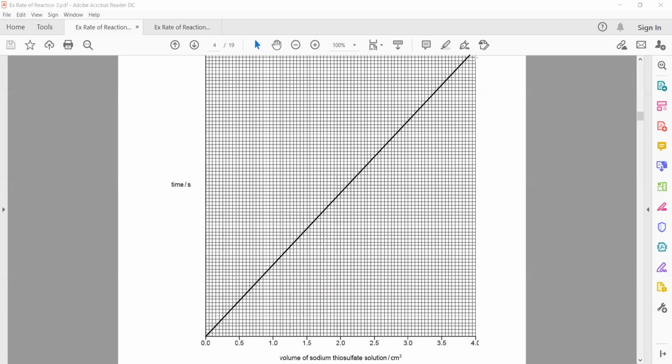What happens if we increase the temperature? The color will appear in a shorter time. Because time is on the y-axis, the line will be less steep, which shows that the same color will appear in a short time. So this is a sketch for part D, and this was for part C.